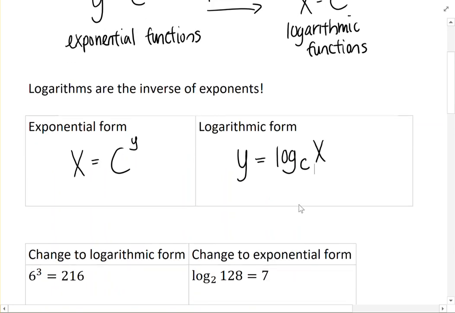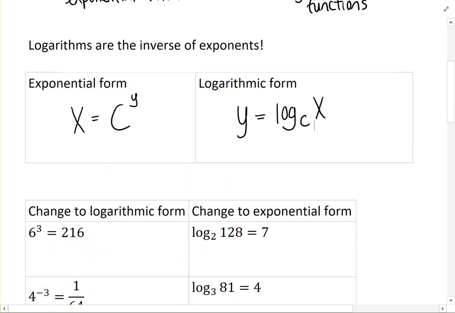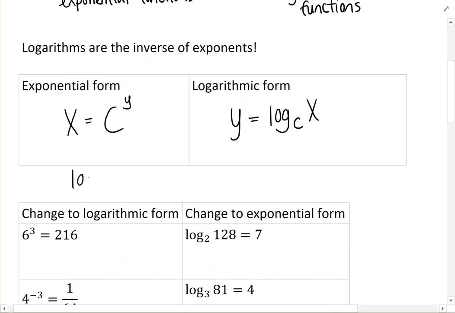So when it comes to logarithmic functions, basically log answers the question: what is the exponent?